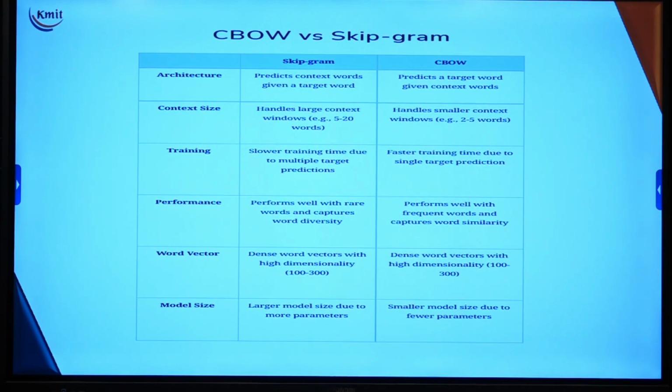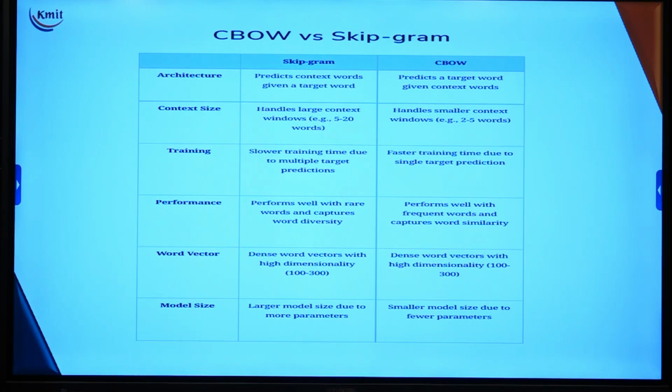Here in Skipgram, as you can see, the context size is large. It can take up to 5 to 20 words, whereas the CBOW model can take only 2 to 5 words. Skipgram has slower training time due to multiple target prediction, while CBOW has faster training time. Skipgram performs well with rare words and captures word diversity, whereas CBOW performs well with frequent words.